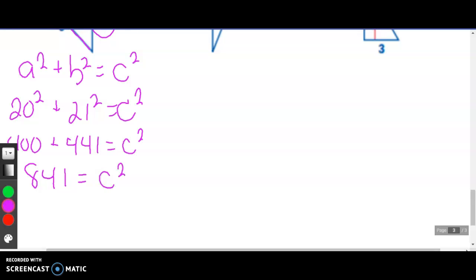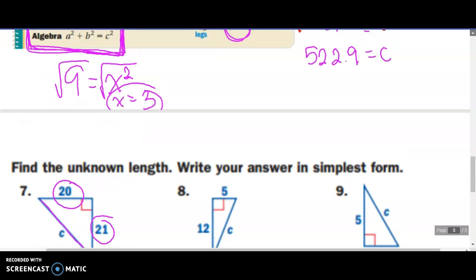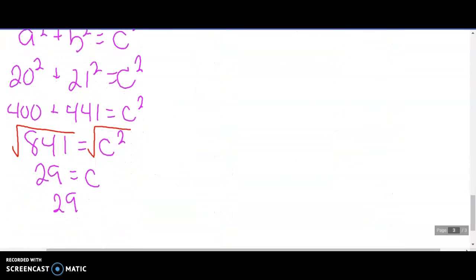And now, in order to solve for c, you're going to do the square root of both sides. And the square root of 841 is 29. So that means that it's 29, was it feet? Oh, just 29. They don't even give these lengths. So c equals 29, or the hypotenuse is 29.